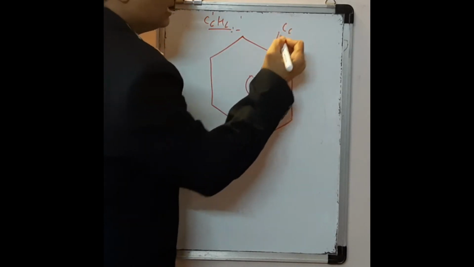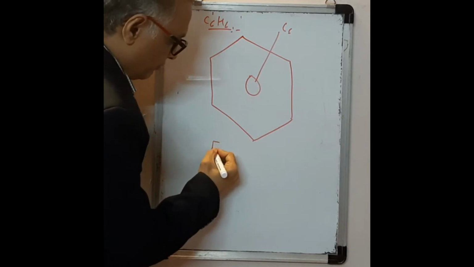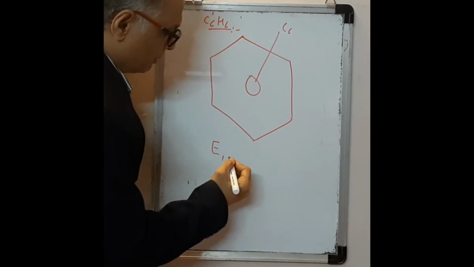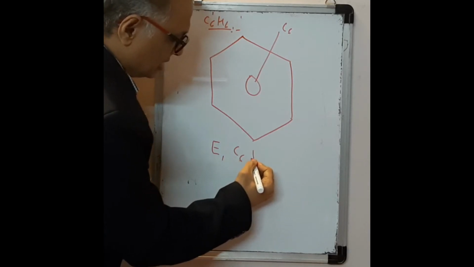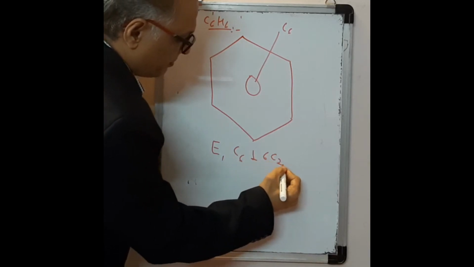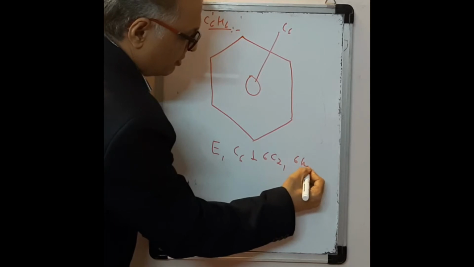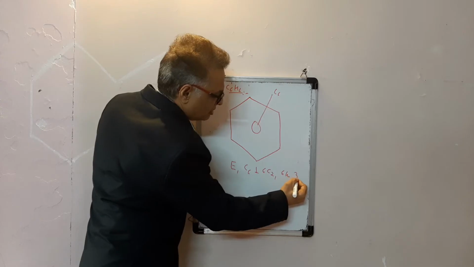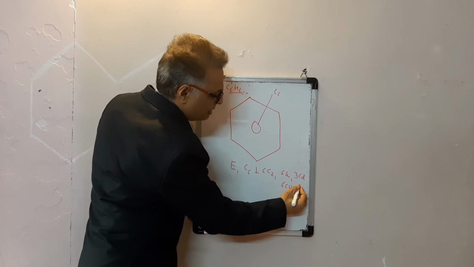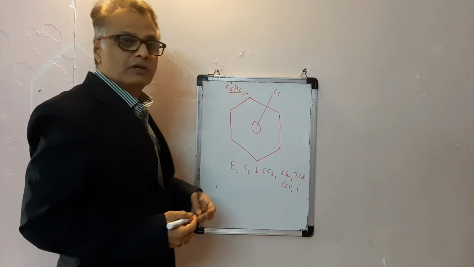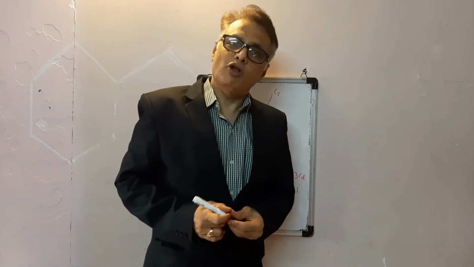This is C6 axis. So if you want to write the list of symmetry elements possessed by benzene, it contains E, C6, 6C2, sigma h, 3 dihedral planes and 6 sigma v, and center of symmetry. We have already discussed regarding benzene, so we will not repeat it.